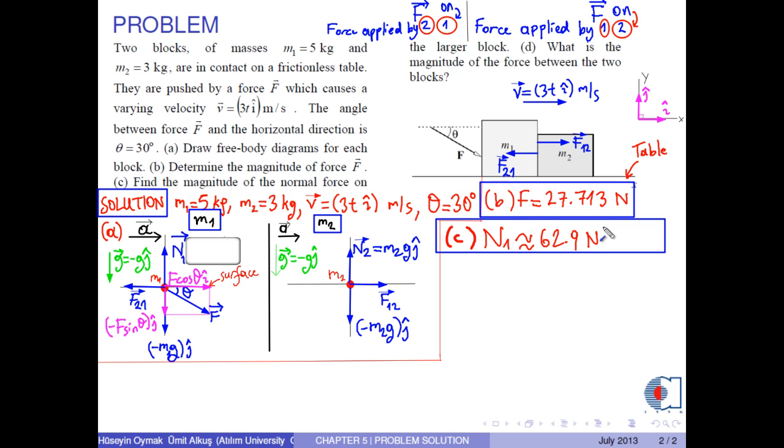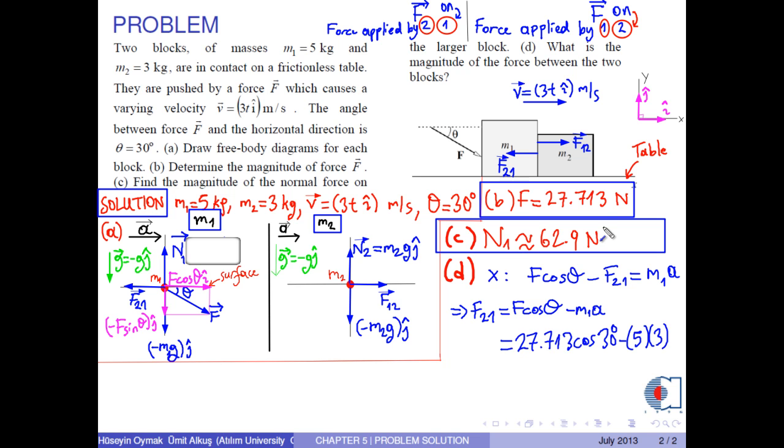In part D, what is the magnitude of the force between the two blocks? From the free body diagram of block 1, we have for the horizontal direction, therefore, F21 as F times cosine theta minus M1 times a. If we put the corresponding numerical values into this equation, we get 9 newtons.